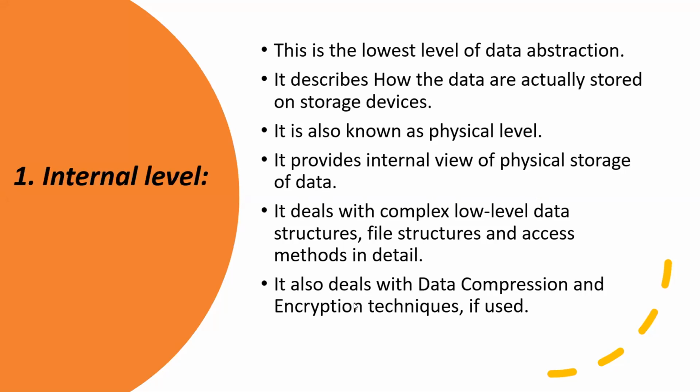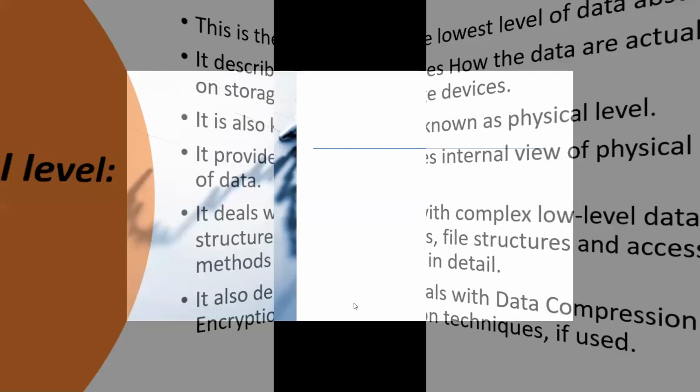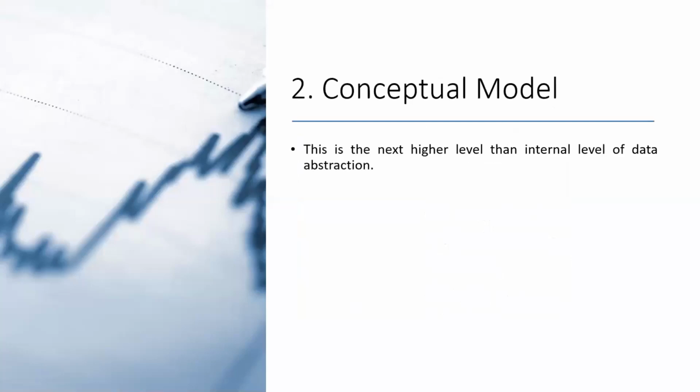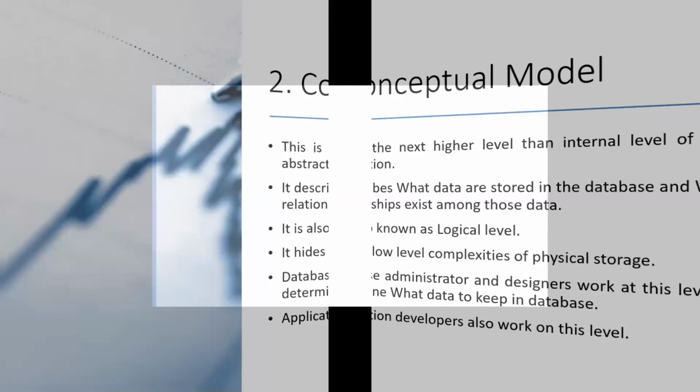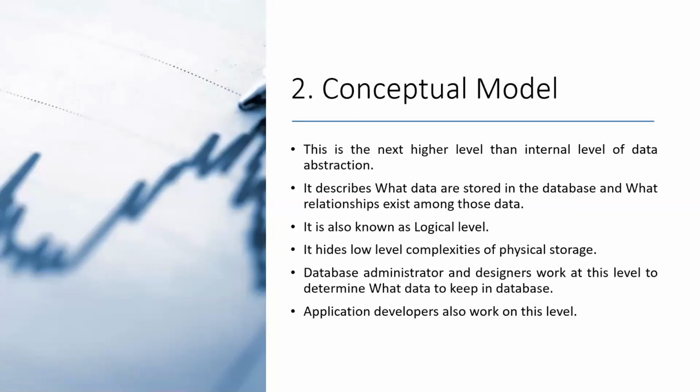Next, the second level is the conceptual level, or logical level. This is a higher level than the physical level. Here we represent how the data is stored in the database and what relationships exist among that data. It is also known as the logical level. Why is it called the logical level?